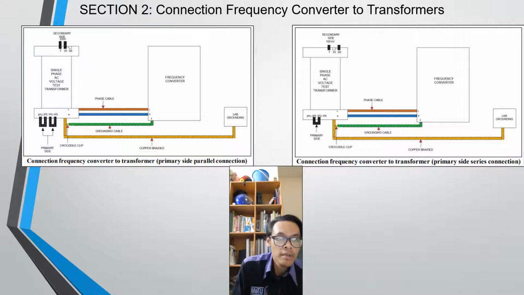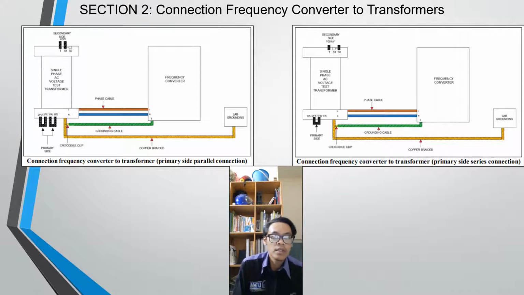To become an insulating transformer, the primary side should be connected in parallel, which is connecting 2 PU to 2 PX and 1 PU to 1 PX. When this connection has been made, the primary side will be 220 volt because the connection is in parallel.